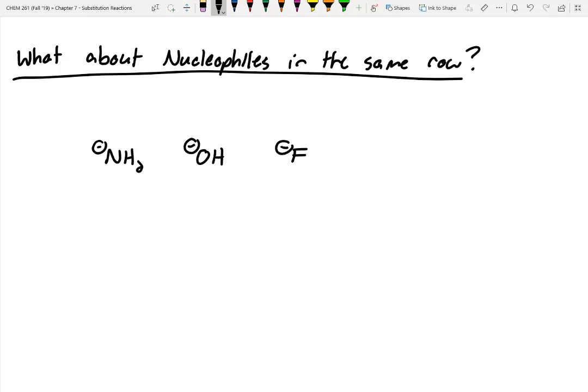All right, which one's most stable? Ooh, let's think about this again. Go through the cardio rules. If we're in the same row, do you look at size or something else? Electronegativity. So which one's more electronegative? Fluorine. So this is more stable due to electronegativity.